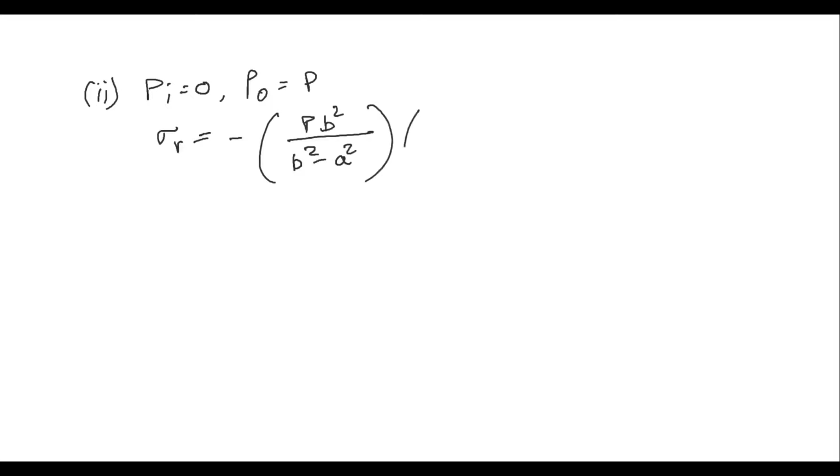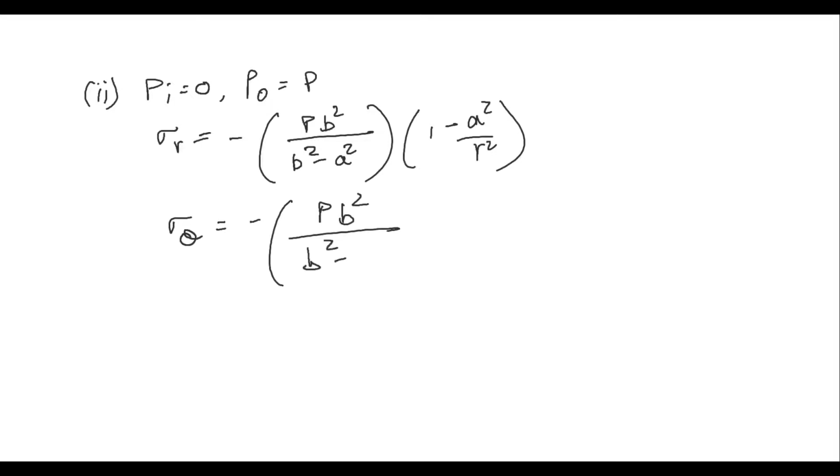That is, in case 2, Pi equals 0 and P naught equals P. In that case, if you substitute the values in the basic equation 1, then sigma R equals minus P into B square divided by B square minus A square, into 1 minus A square by R square, and sigma theta equals minus P into B square by B square minus A square into 1 plus A square by R square.